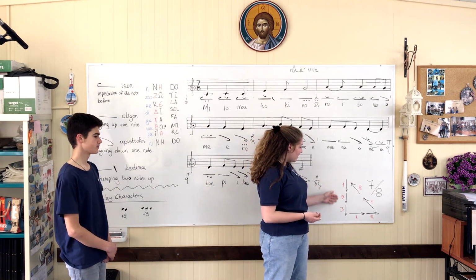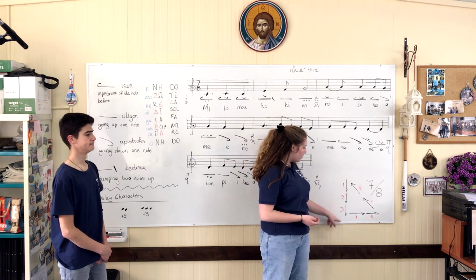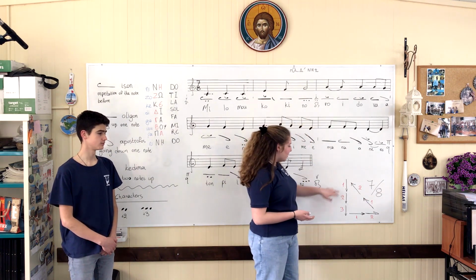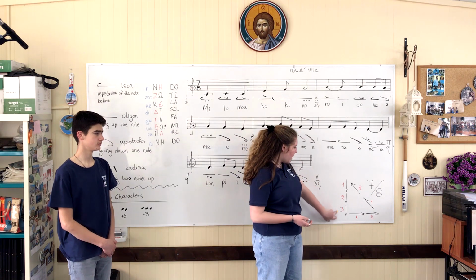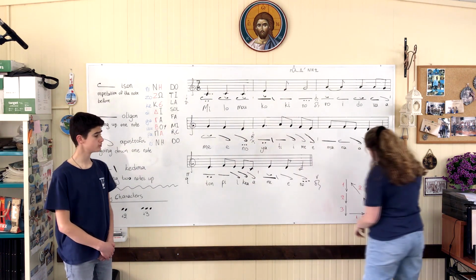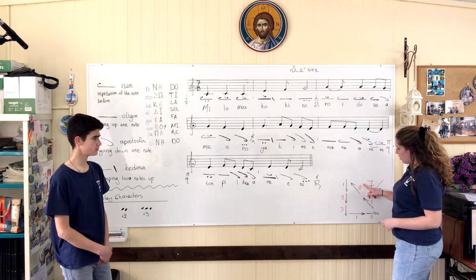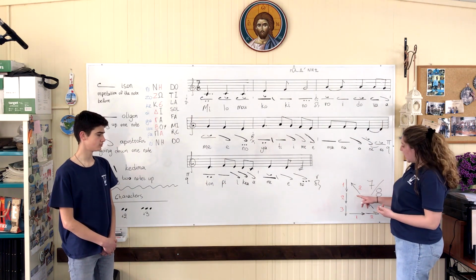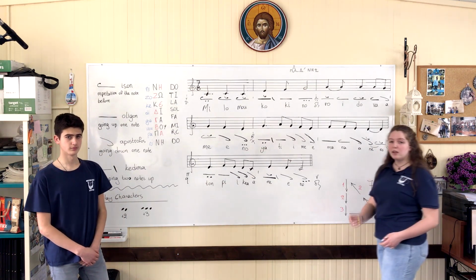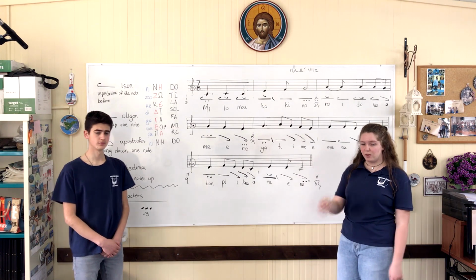It is composed of 3 movements, but they're not even. The first one is composed of 3 beats, the second one of 2, and the third one also of 2. So if we were going to read it, it would be 1, 2, 3, 1, 2, 1, 2, 1, 2, 3, 1, 2, 1, 2.